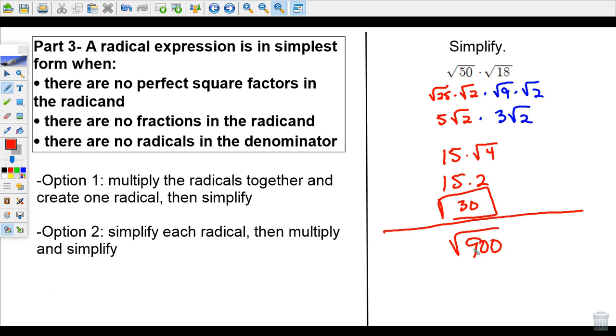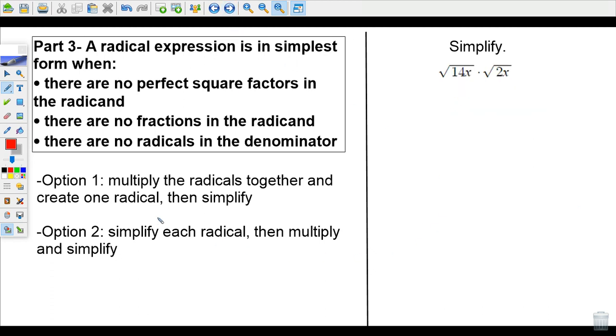It's not that bad. If I'm thinking square root of 9, I know it's 3. And with the 2 zeros, I know that each of those have to have a 0 on them. So it would be not square root, it would just be 30. So again, if you multiply and get a really big number, option 2 might be a better option. Simplify each one individually and just kind of gradually, step by step, work towards simplifying the entire expression.